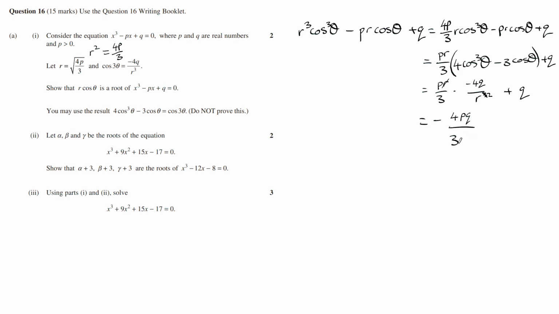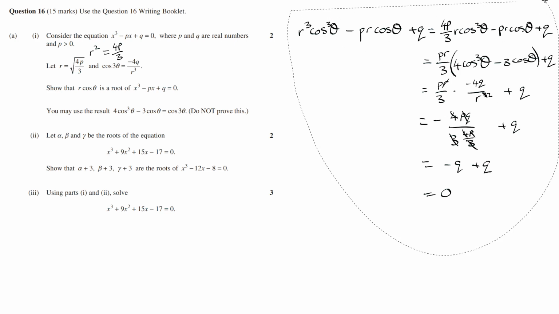So we've got that on 3r squared, and then I might use this again. And then we can cancel a lot of stuff here. And we get negative q plus q, which is 0. So that's it for part 1. So that's showed that this is a root of that.